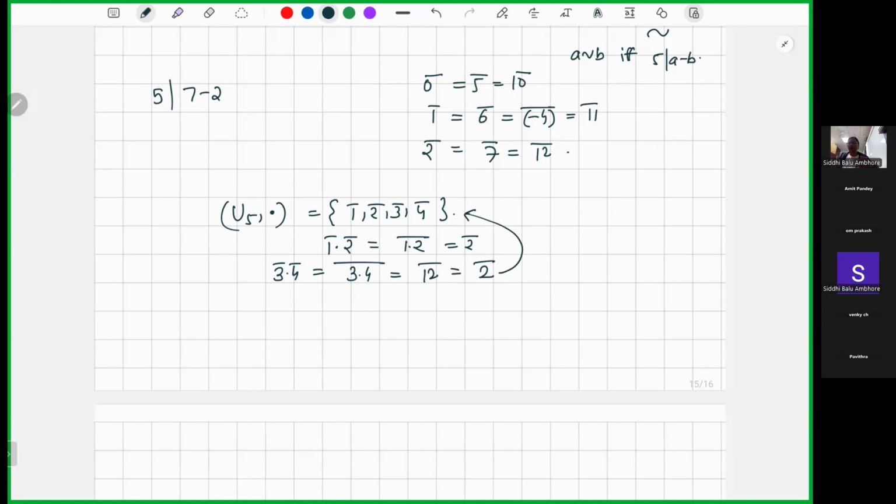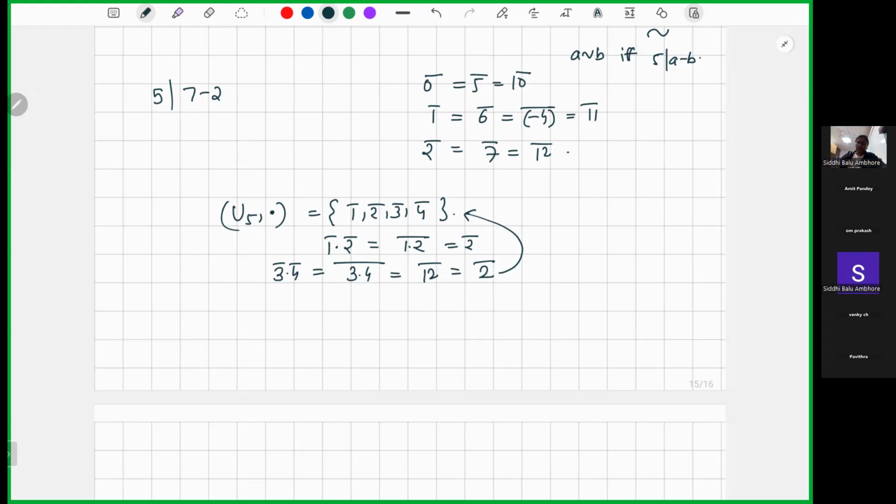Okay, and we have to find now the multiplicative inverse of 3 here. So any guesses what will be the multiplicative inverse of 3 here? There are only 3 other elements apart from 3.